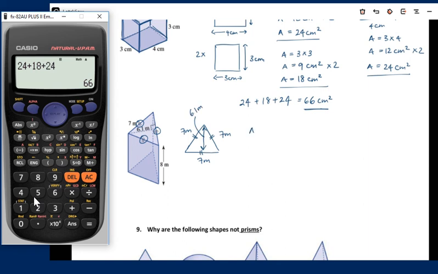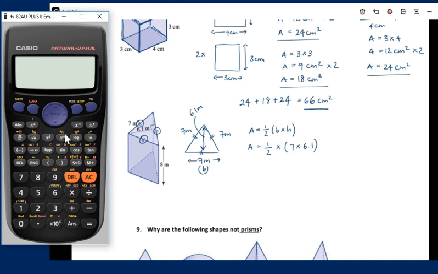So referring to the area of a triangle formula, that's half times base times height. We've got area is equal to a half times 7, because that's our base, times our height of 6.1 meters.